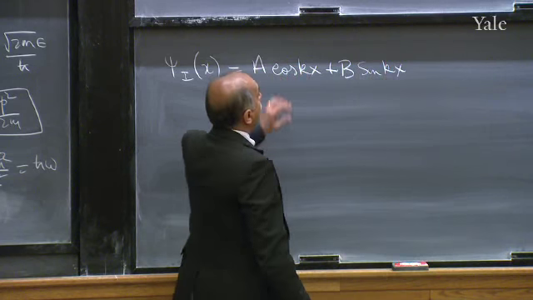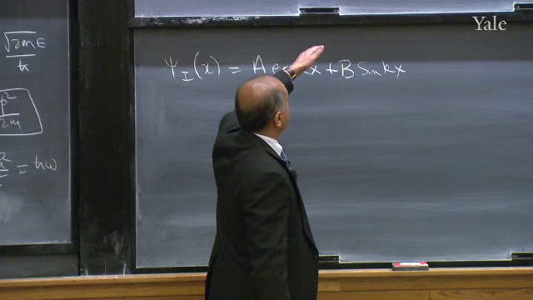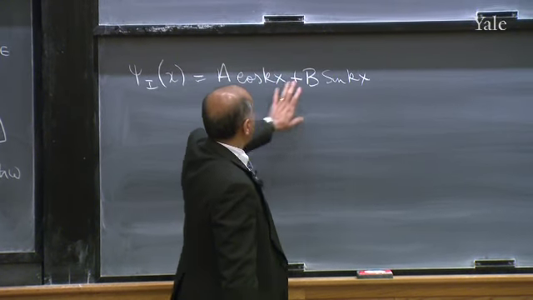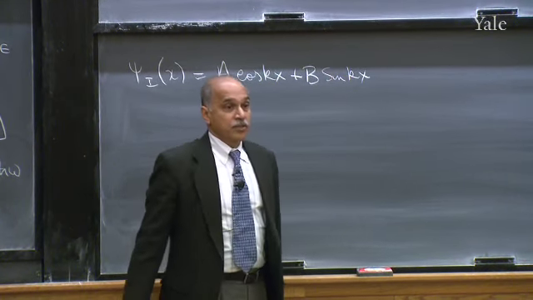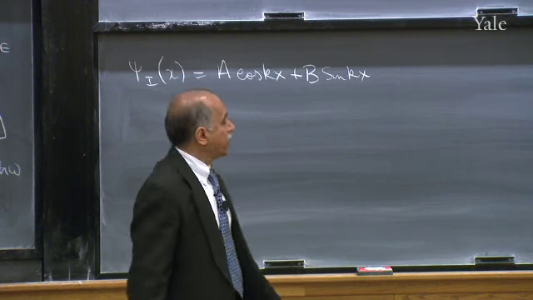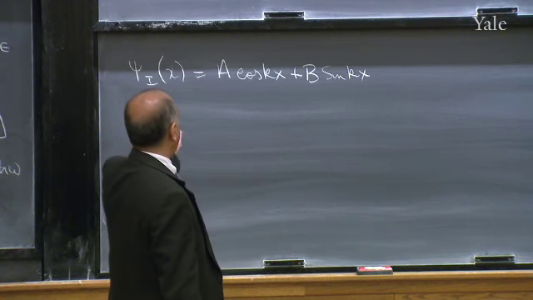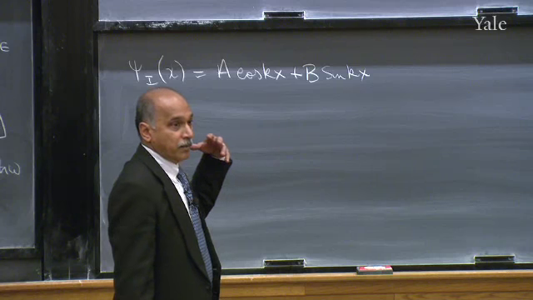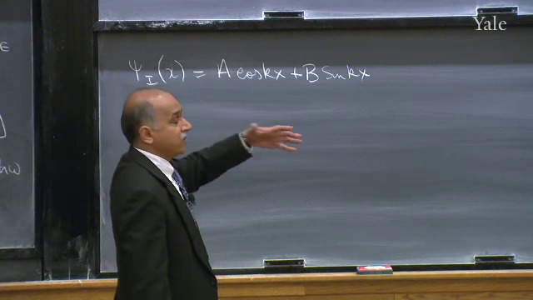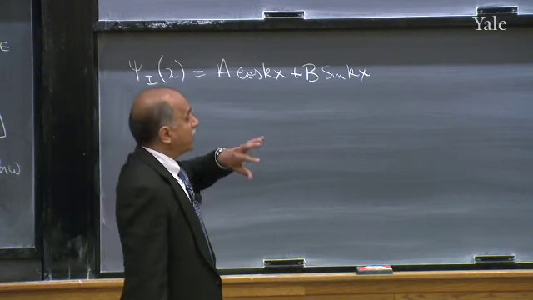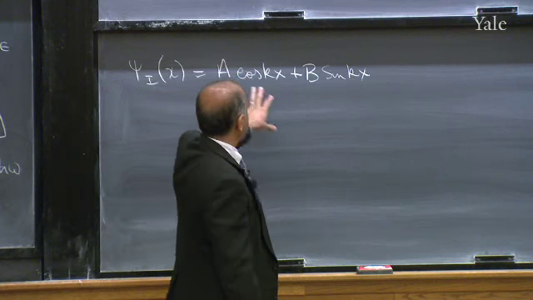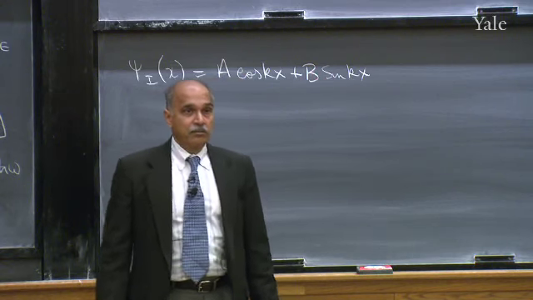I hope you all know that besides exponentials, our old friends, the trigonometric functions, are also solutions to this equation. Because the second derivative of cosine is minus k squared times the cosine, and the second derivative of sine will also give you minus k squared times the sine. So rather than using exponentials, I'm going to use sine and cosine because I have an ultimate motive.